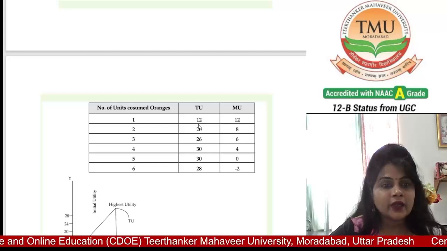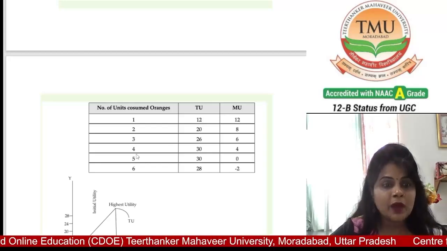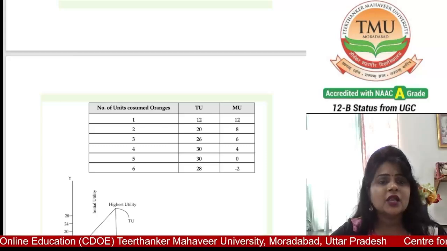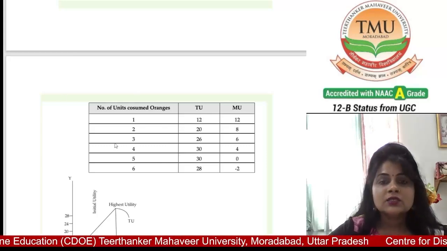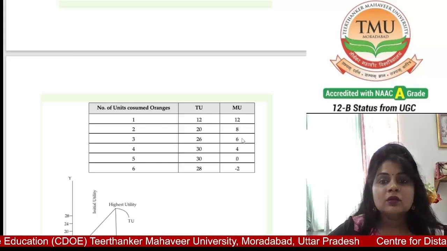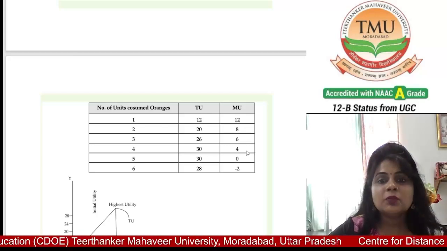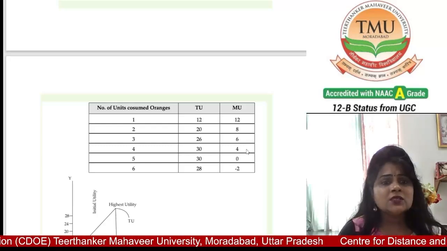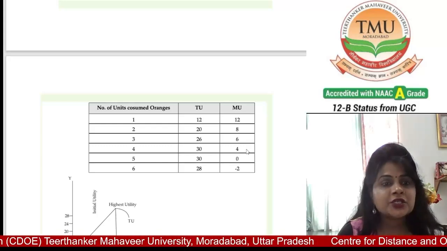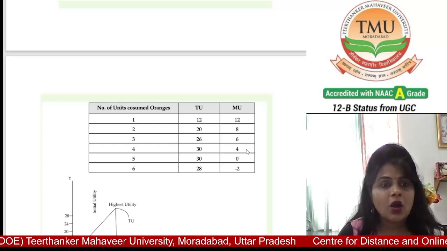The second and the third orange consumed decrease the marginal utility with each additional orange consumed. Second, eight. Third, he gets six utils. Fourth, he gets four utils. This is the decrease in marginal utility with each additional orange consumed.